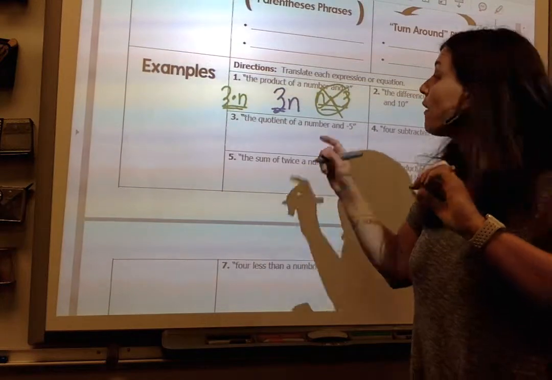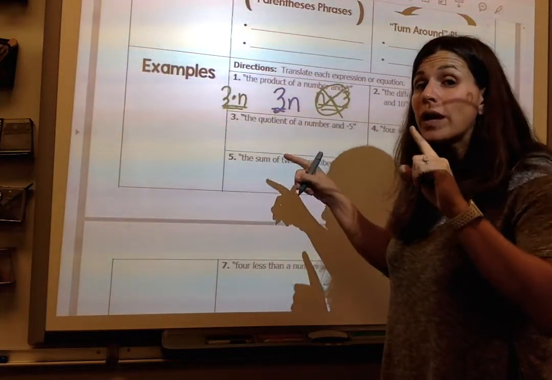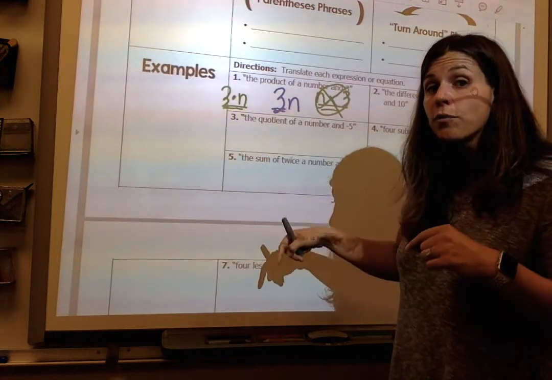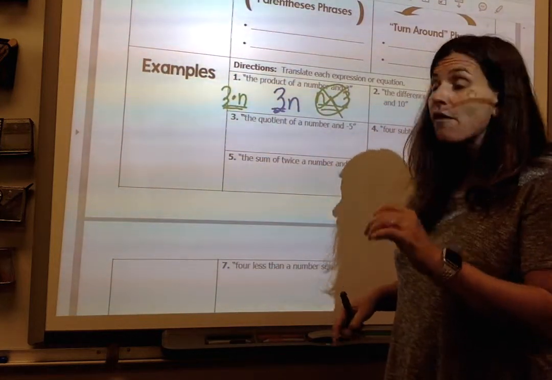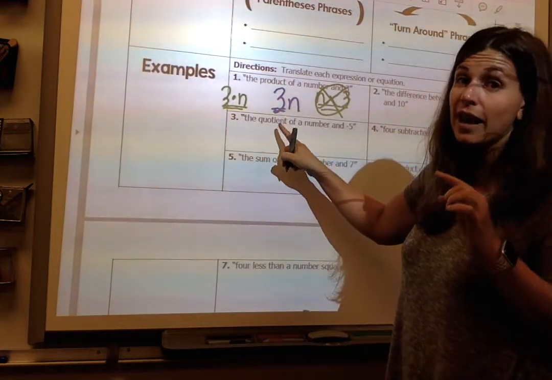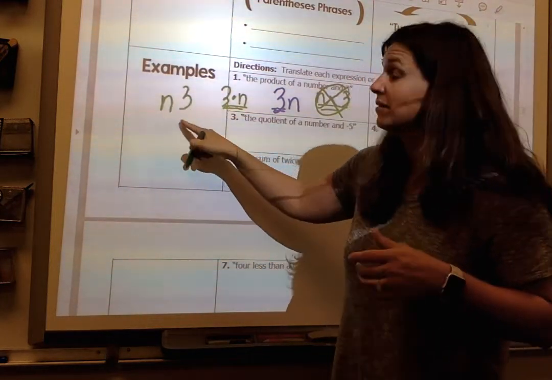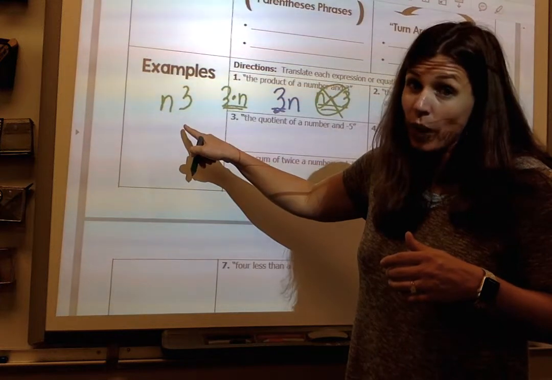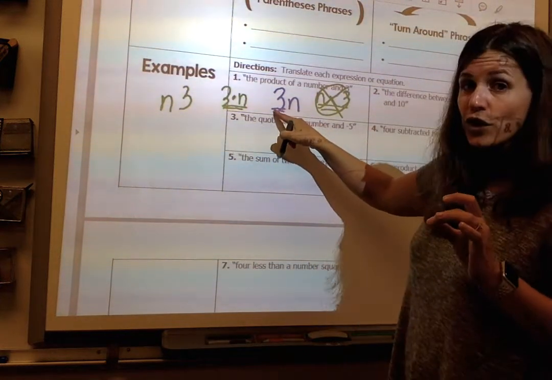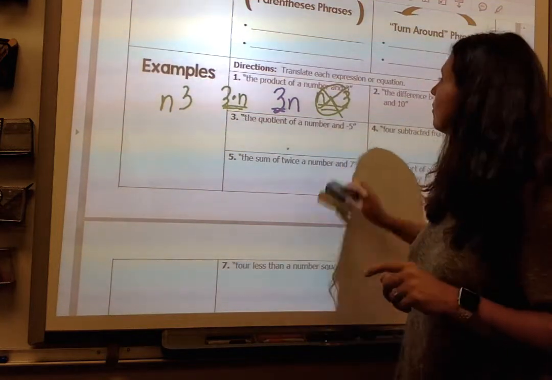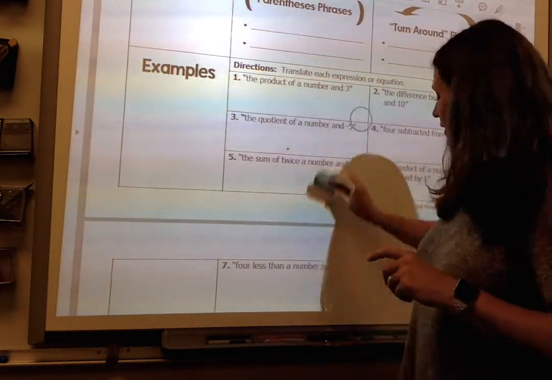The most simplified way to write this is stuck together like glue with your coefficient in front. You will get points off if you do not write it just like this. Commutative property says this is okay, but this is not how we write it. We write it with a coefficient and a variable. Is that clear? Okay. So 3n is my answer there.